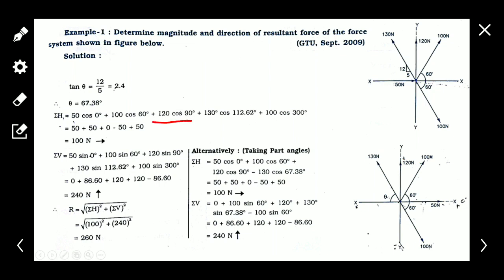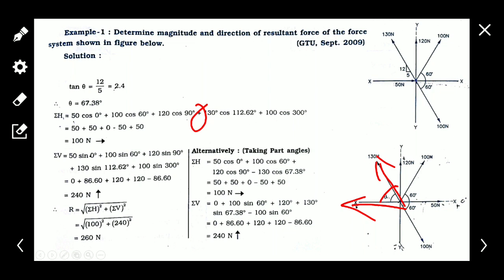So here 120 cos 90, and the next force is the 130 Newton force, and the angle considered is this way, 130 degree, which is 112.62 degree. Here the force direction is there, so its horizontal component is in this direction. If this direction component is considered, then the sign is negative.